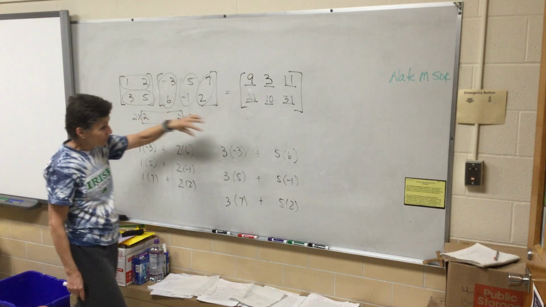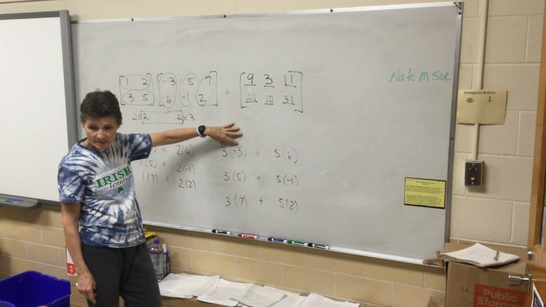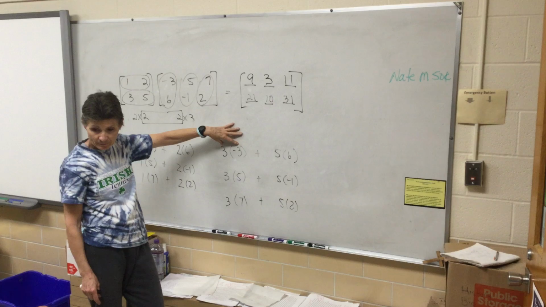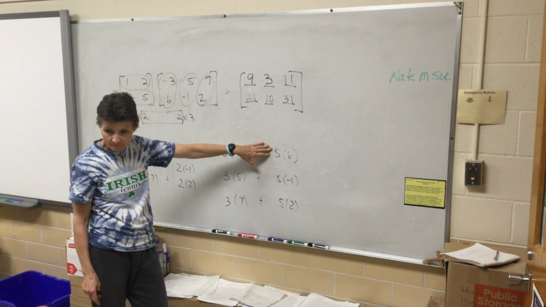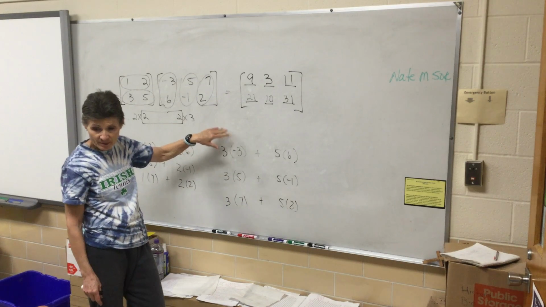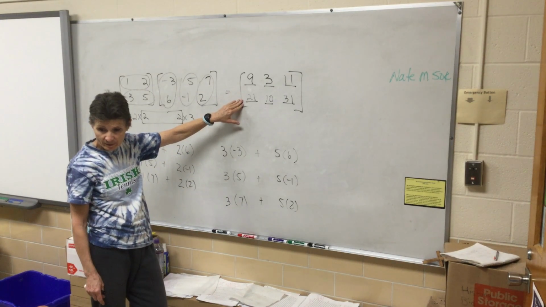Okay. So 3 times negative 3 is negative 9. And 5 times 6 is 30. Okay. And negative 9 plus 30 is 21.